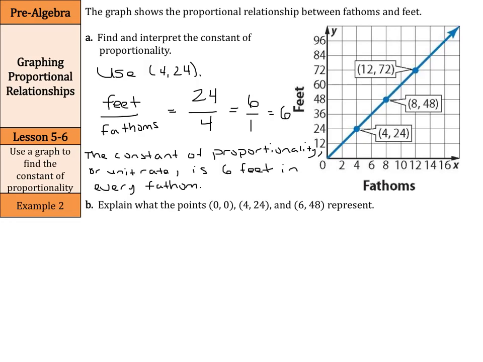Now explain what the points 0, 0, 4, 24, and 8, 48 represent. And actually that is a typo there. That should be 8, 48, so we can fix that there.